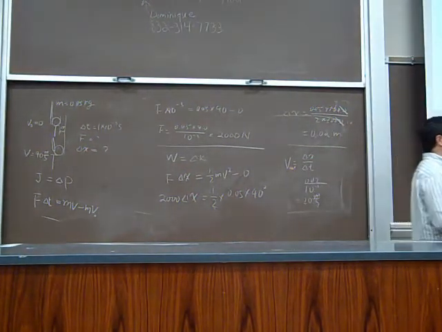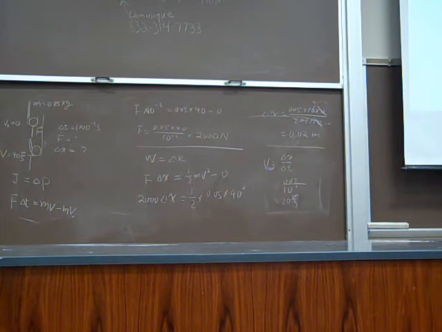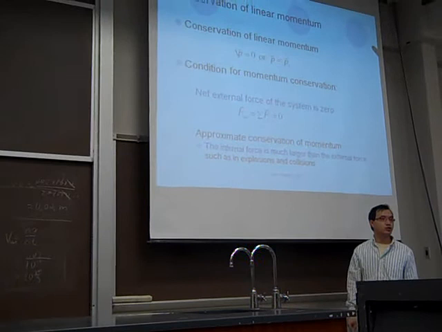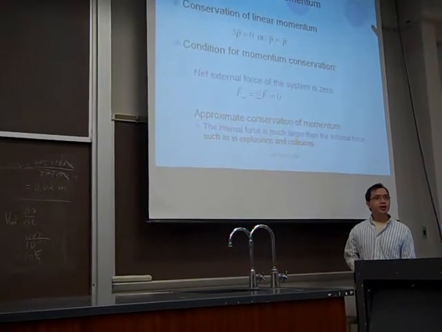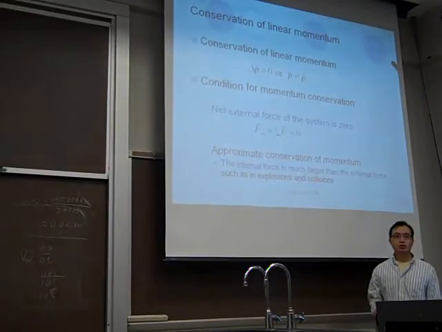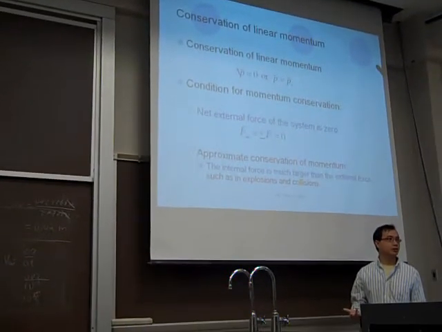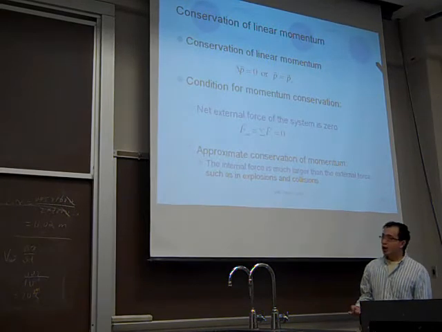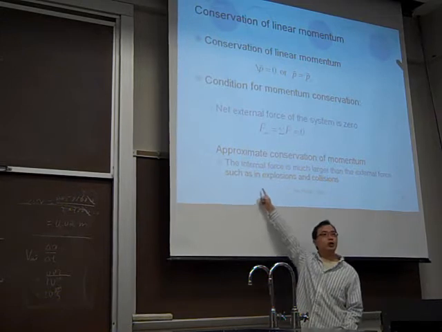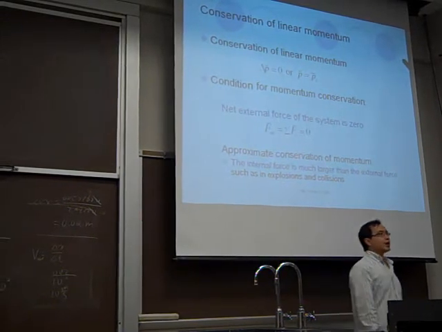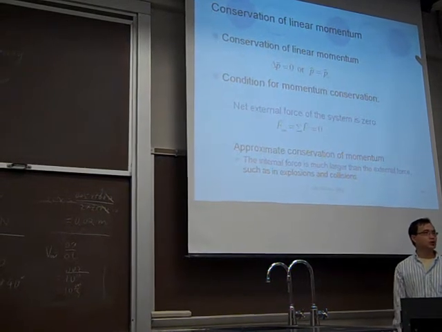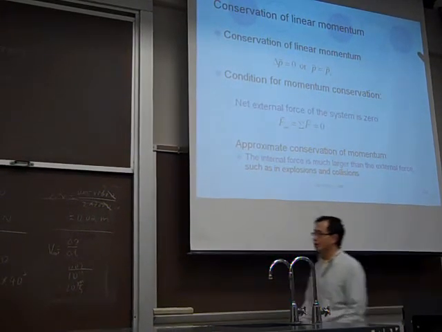momentum conservation is actually very, very useful because we have the approximate condition to make the momentum conservation. So the momentum, in many cases, is approximately conserved. In fact, we only consider those kinds of situations when the external force is much, much smaller than the internal force. In that case, the external force can be ignored compared with the internal force, right?